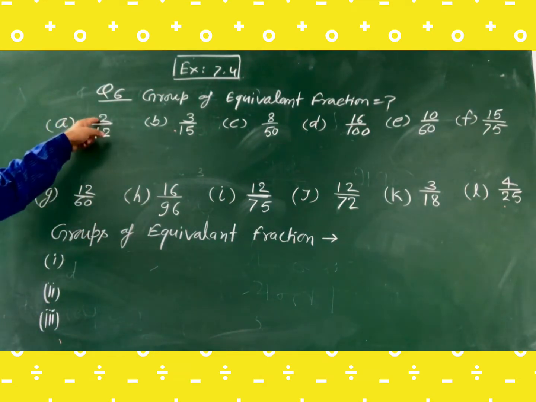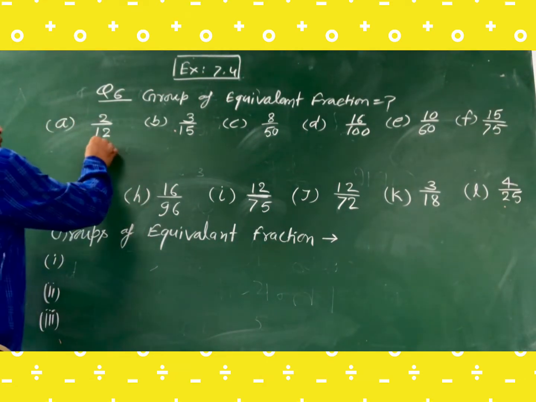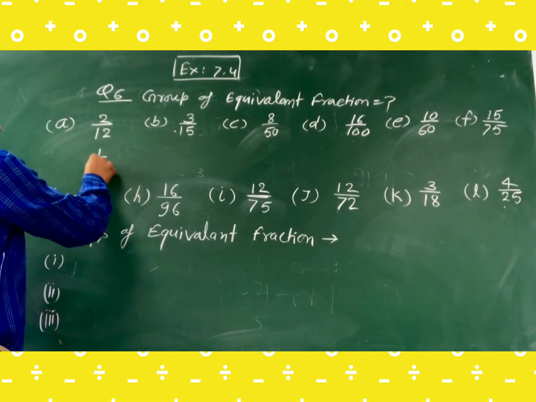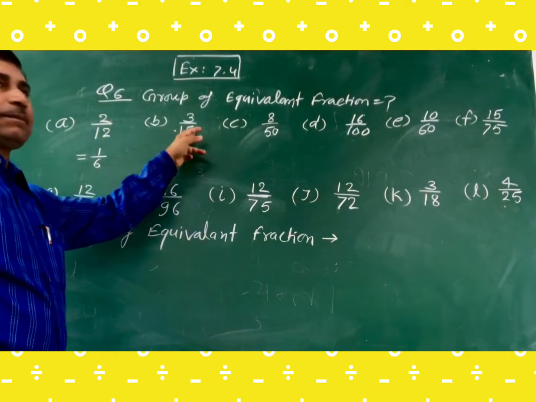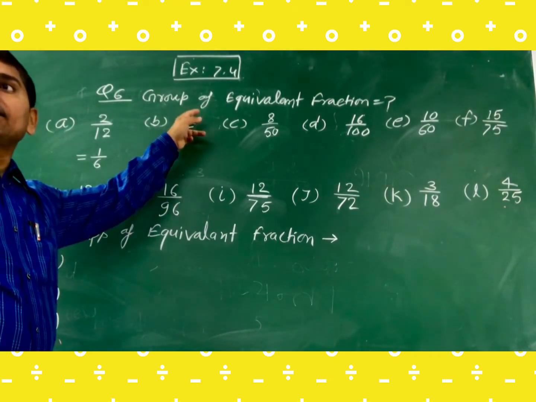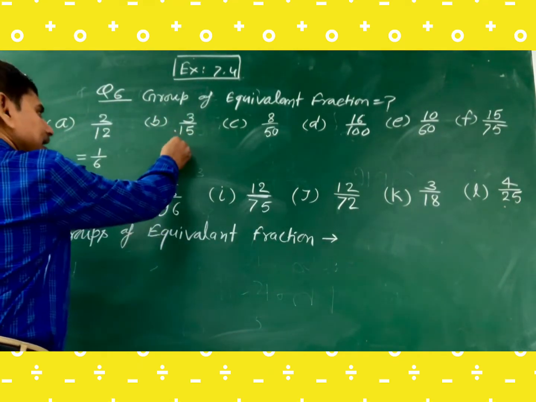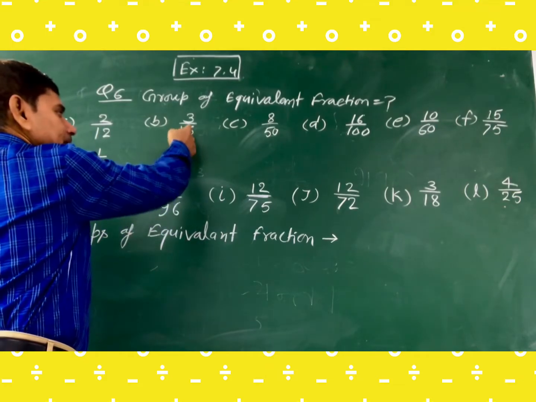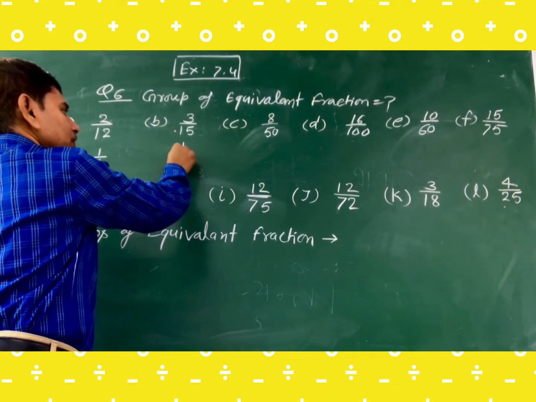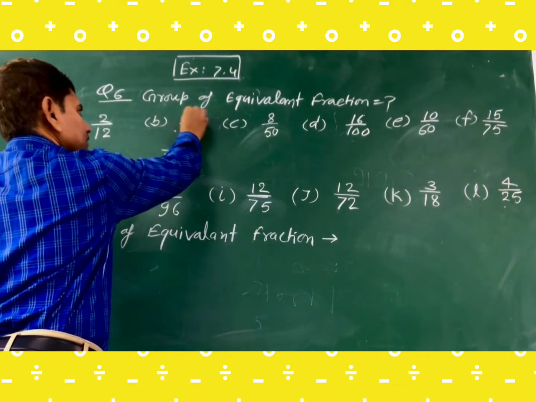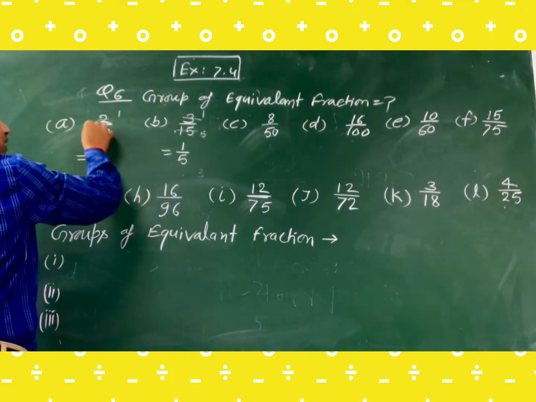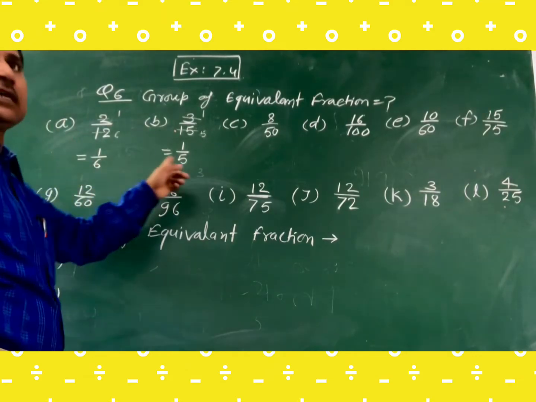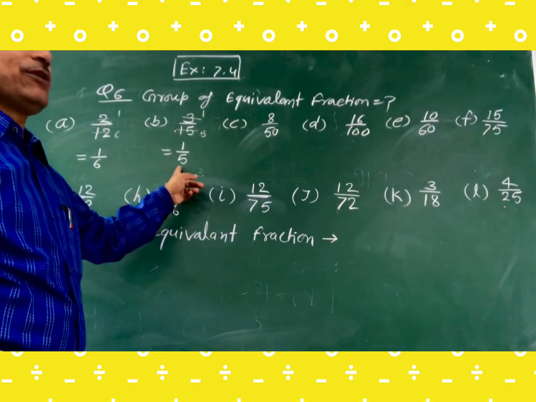So here 2 ones are 2 and 2 sixes are 12. Again here, 3 ones are 3, so here you write 1, and 3 fives are 15, which means you can cancel it. 3 ones are 3 here too, so this is 1 by 6 and here 1 by 5. Very nice.